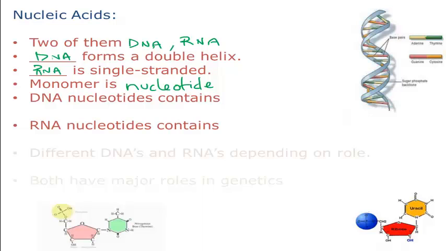So there are a whole bunch of different RNAs, and there's even a different DNA. You might have heard of mitochondrial DNA, which is usually abbreviated mtDNA. This is only found, as the name suggests, in the mitochondria, and it's only passed on in the mother's genes.